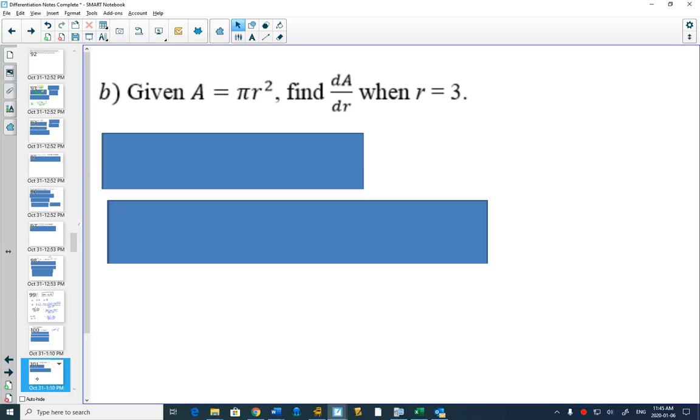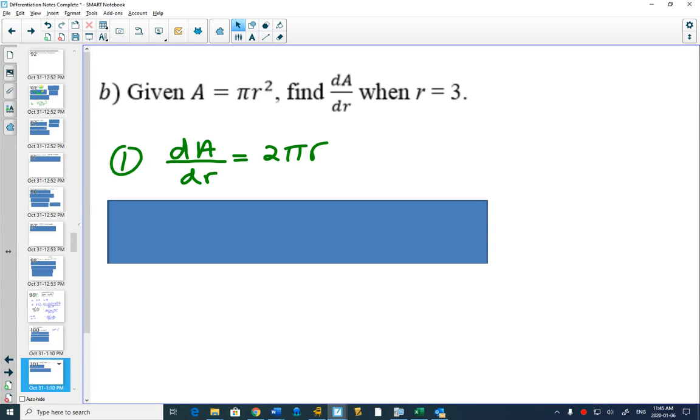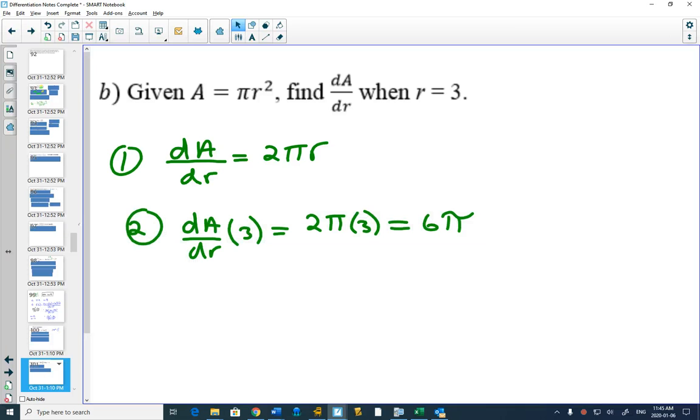Find dA dr. Well, there's a derivative of that equation. And then when r is 3, just have to plug it in and get 6 pi.